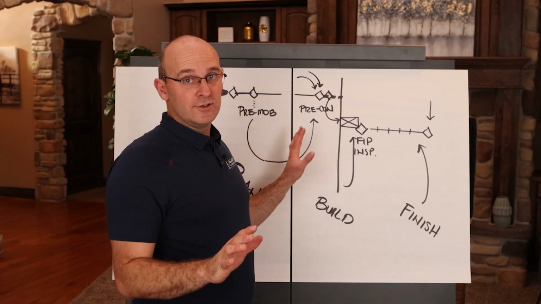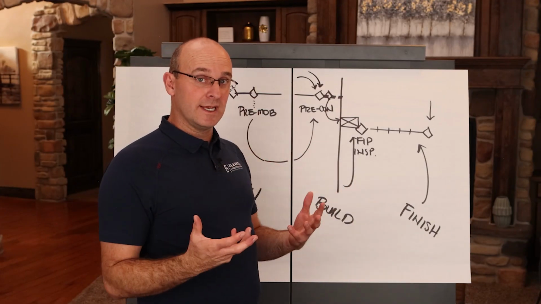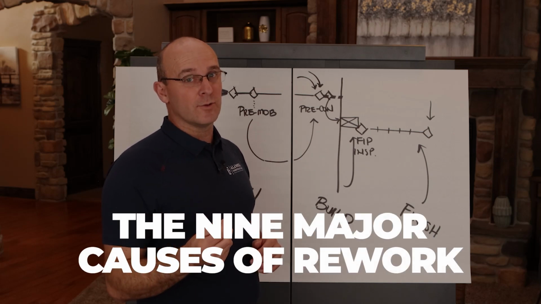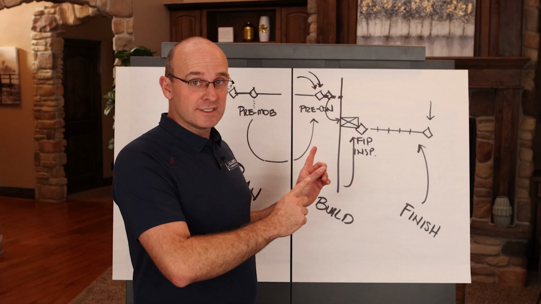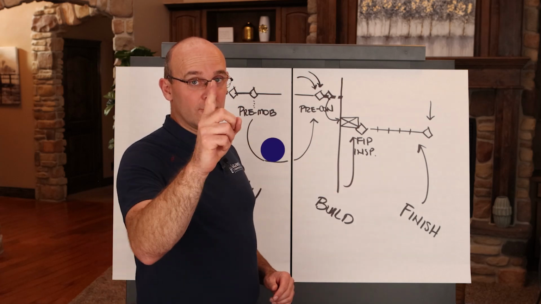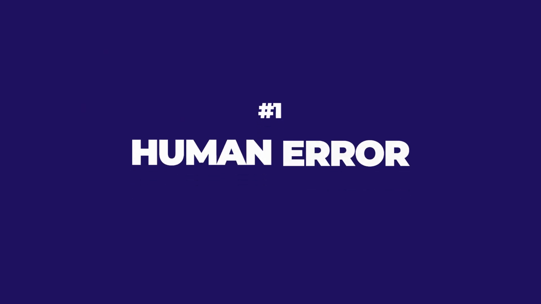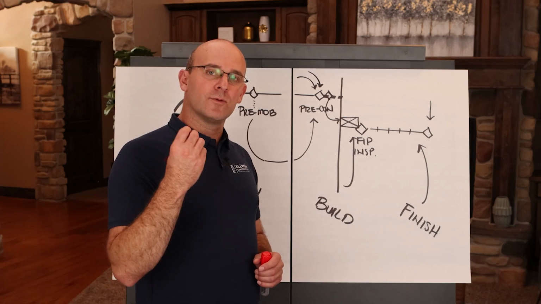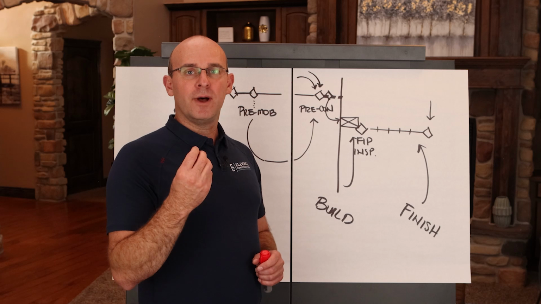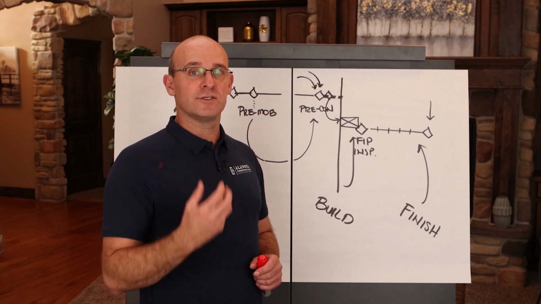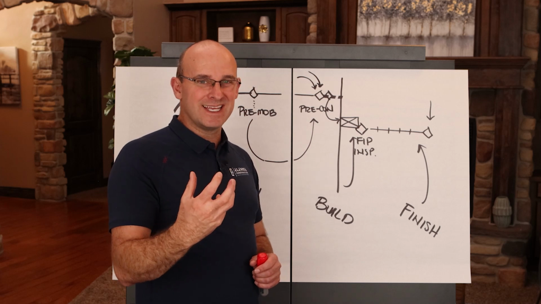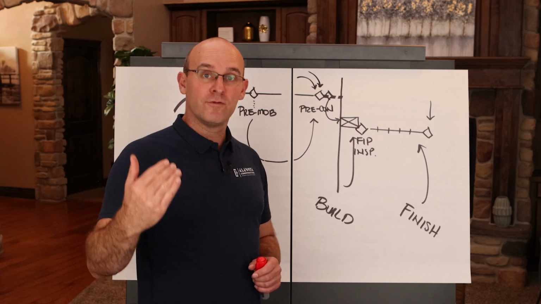So the reason that I drew this was so that I can explain and anchor the 9 major causes of rework and how this process will help. So let's start. Number one, human error. Human errors happen when you mix human beings and technical tasks, right? You can reduce human errors by having proper expectations, training the crew, having something that they can compare their work to, and following up.